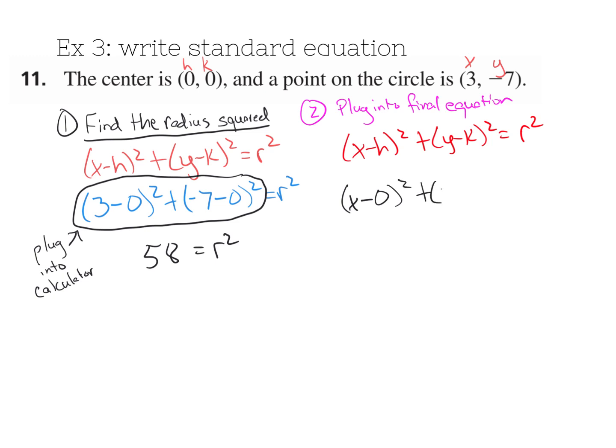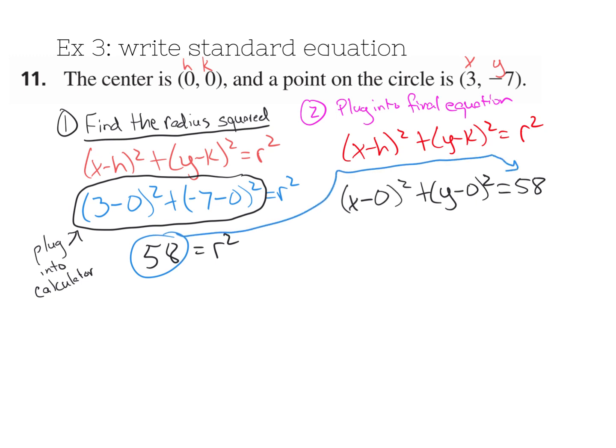And then plus, bring the y down, y minus. Joy, what's the k? 0 squared. And then Jessica, what's my r squared? 58. So literally I just took this 58 from over here. We just take it and plug it right in.